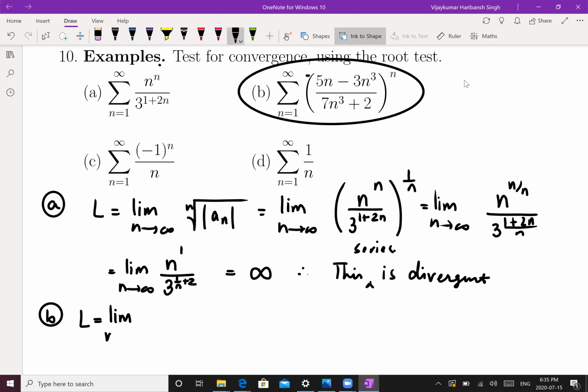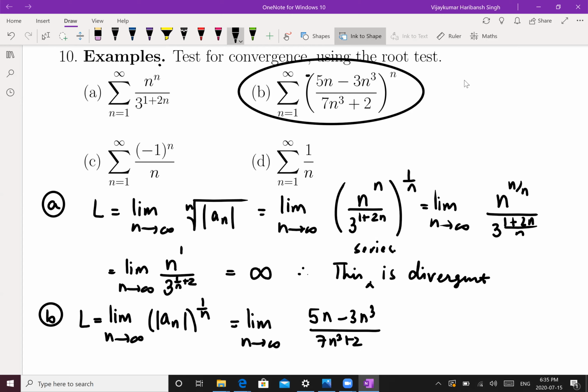So the limit as n goes to infinity of the absolute value of an, to the power 1 over n. This is going to be the limit as n goes to infinity of the absolute value of (5n minus 3n cubed) upon (7n cubed plus 2), to the power 1 over n.